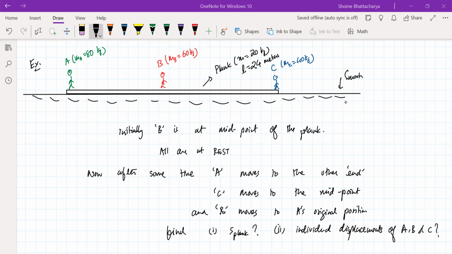So the plank moves 3.6 meters. 36 meters? How is that possible, beta?